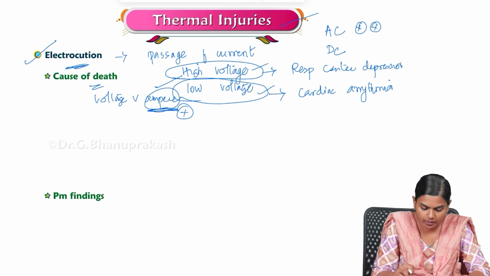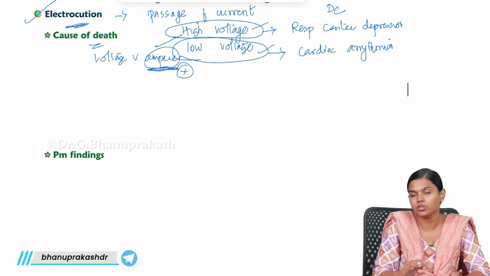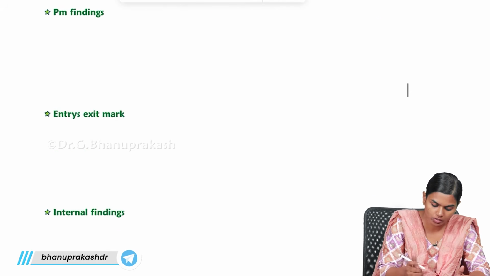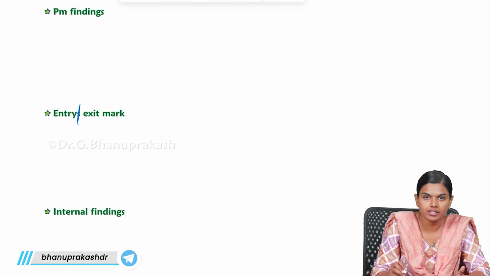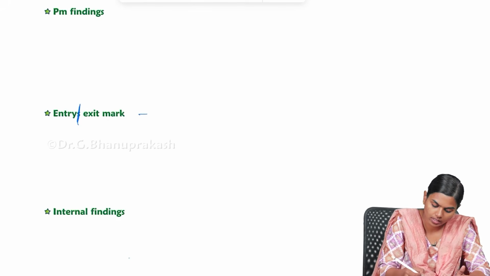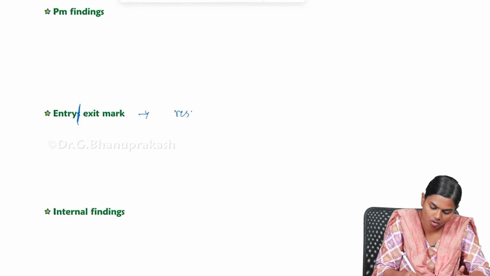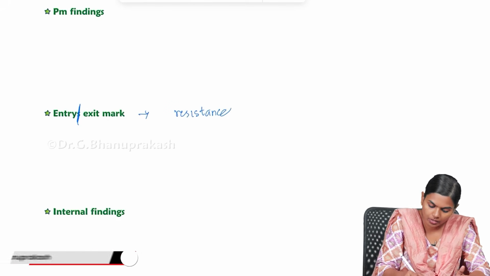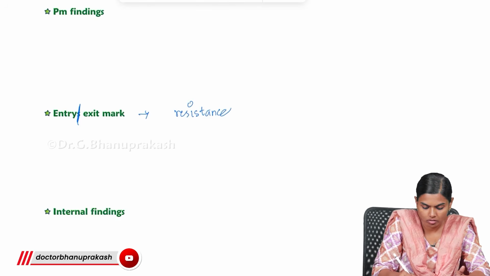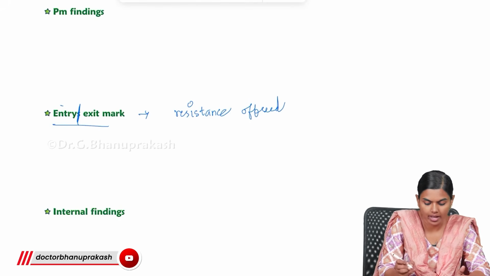And usually in case of electrocution death, you will see an entry and exit mark. This entry and exit mark is usually seen where there is resistance offered. If the pathway of the current is offered any resistance, then you will see this entry and exit mark.